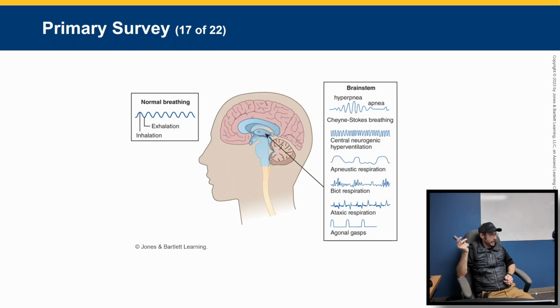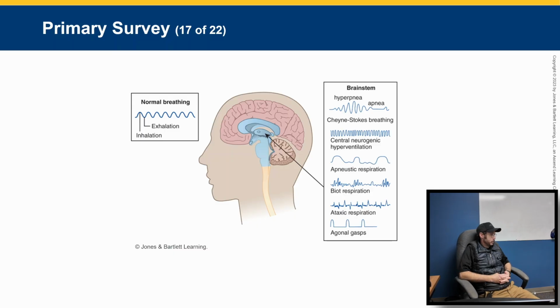Biot's is kind of that same pattern, but very rapid. So it's all smushed together for your Biot's respirations. Ataxic means that there's not a real good pattern to define it. It's not really synced with anything.